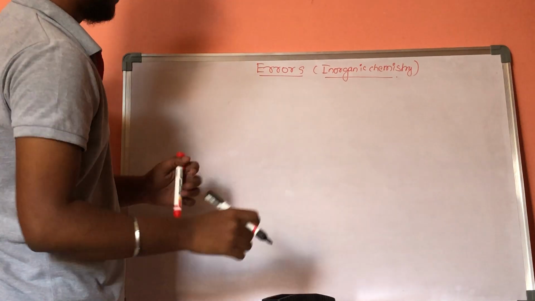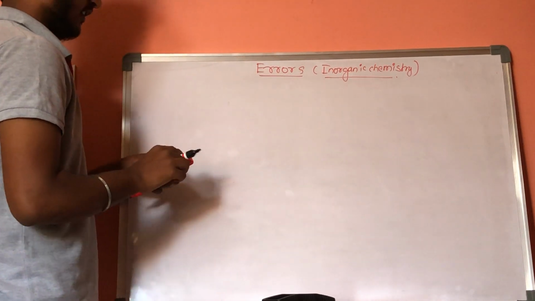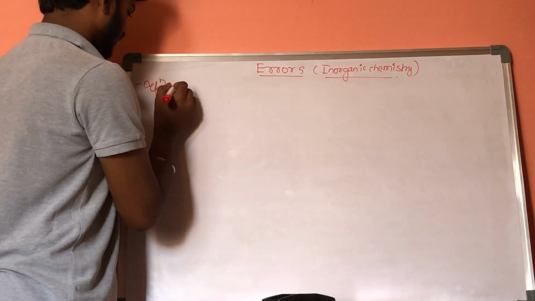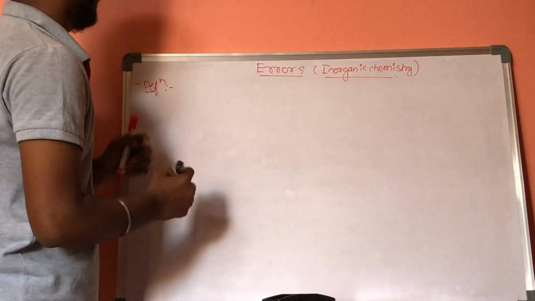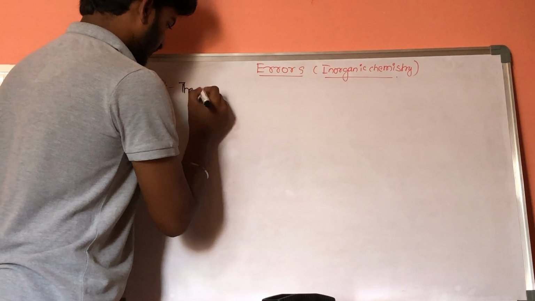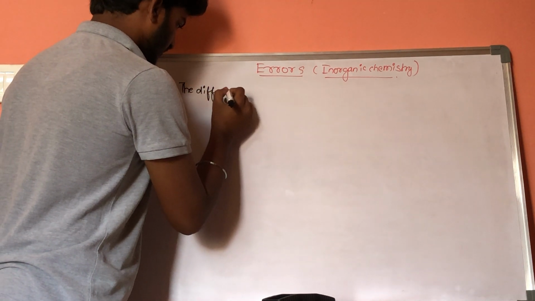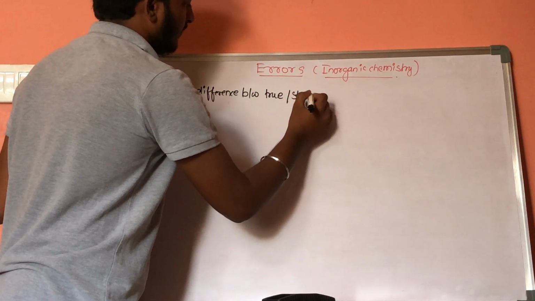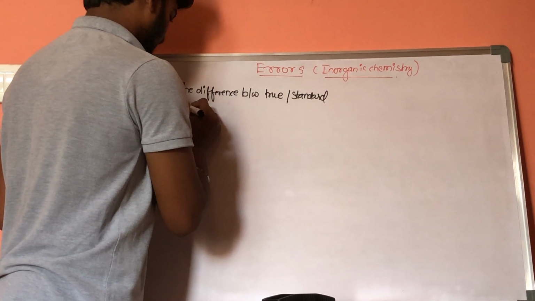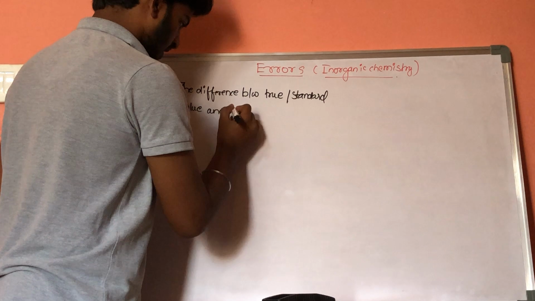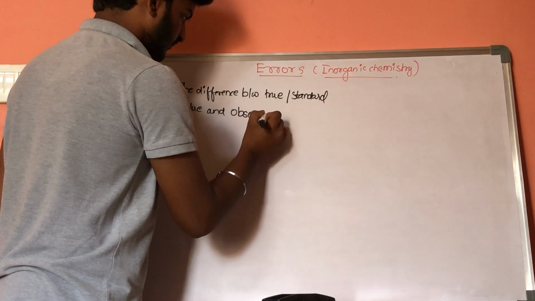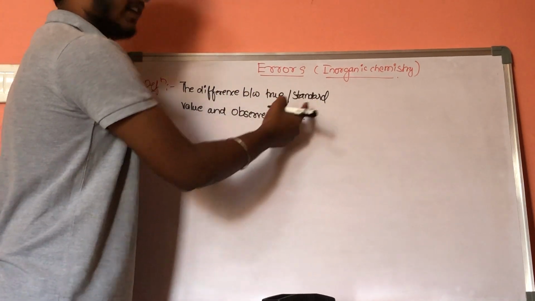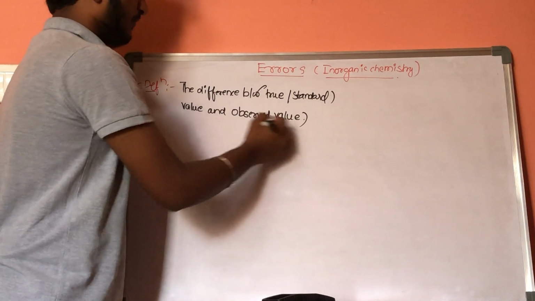First of all, the definition. The definition of error is the difference between the true or standard value and the observed value.